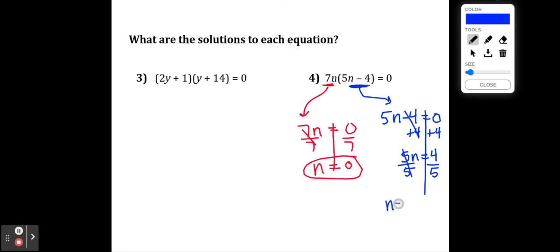Here I'm getting n equals 4/5, or I could write it as a decimal, 0.8. Either one would be acceptable. And so we have 2 values of n for this product as well.